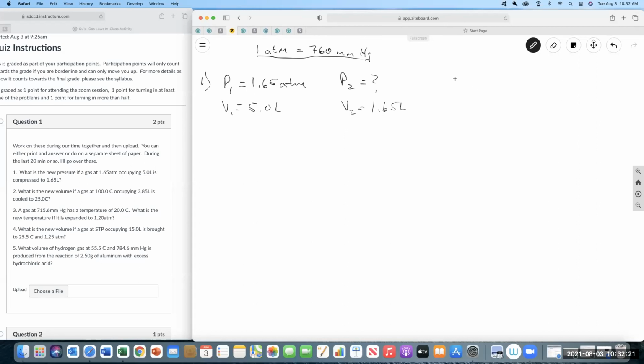All right, so then we can do this. We have 2 sets of conditions. Now, some people can just look right at it and do the canceling out in their head. In this case, I'm going to write it out just this once. There's no info about N and T, so we can assume they're constant.